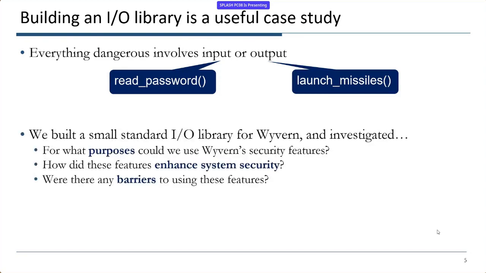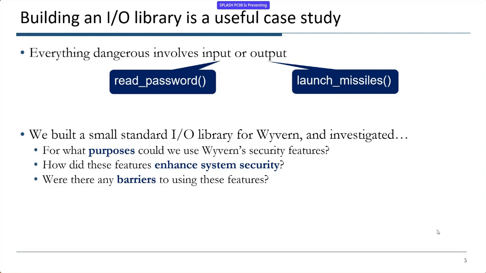So we built a small standard I/O library for Wyvern and investigated how we could use these security features. How did they enhance system security? Were there barriers to using these features that could lead to future work? The paper talks about a number of these. I'll summarize some of the high-level take-homes in this talk.